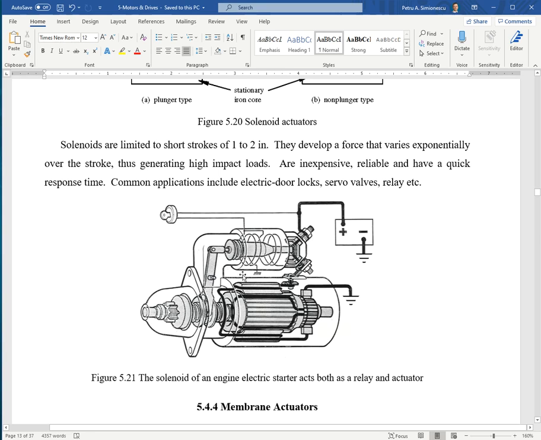So when you turn the key in an ignition switch, you're energizing this coil, and the core is attracted inside. It closes a high current circuit to power the starter motor. It is a series DC motor, and it also moves the yoke, pivoting here.